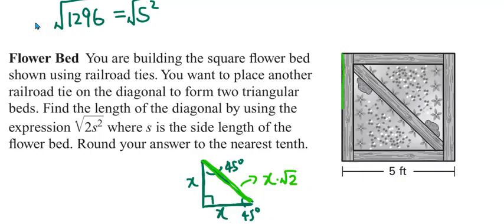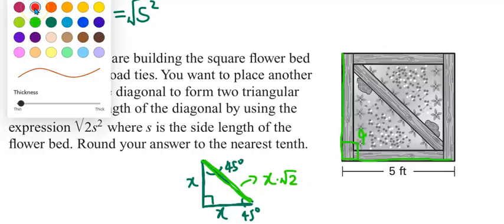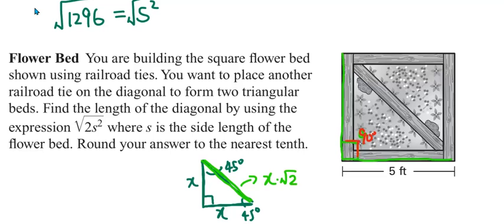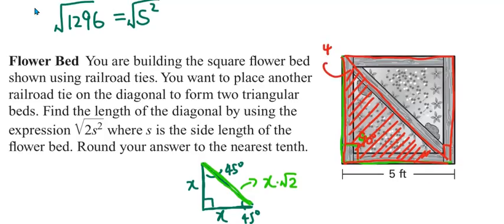Here is a square. If it's a square, this is 90 degrees. This is 90 degrees, right? Square. If I put a diagonal here, immediately I will have a special right triangle. Each of these angles is 45 degrees.